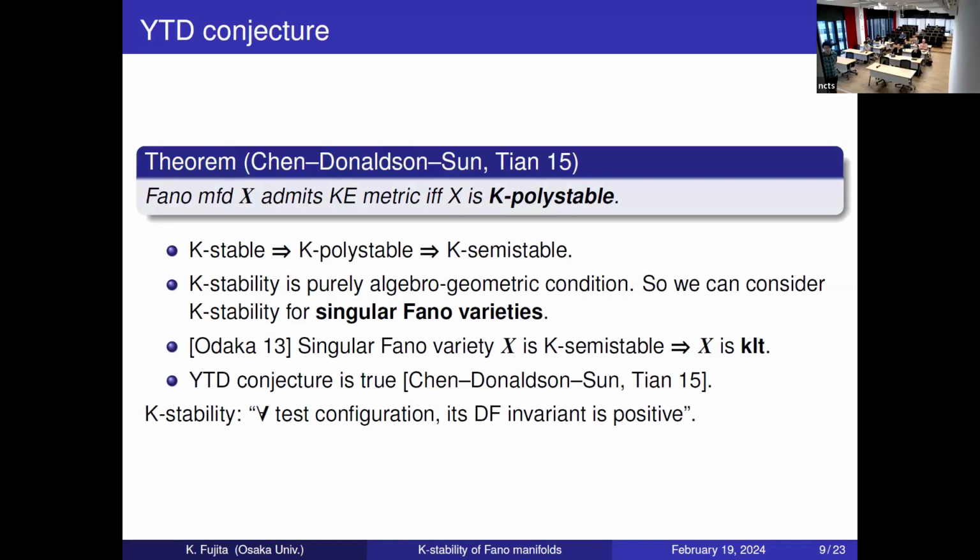As I said before, K-stability means that for any test configuration, the information of the degeneration of X, a certain GIT weight, the so-called Donaldson-Futaki (DF) invariant, is somewhat positive, very roughly speaking.